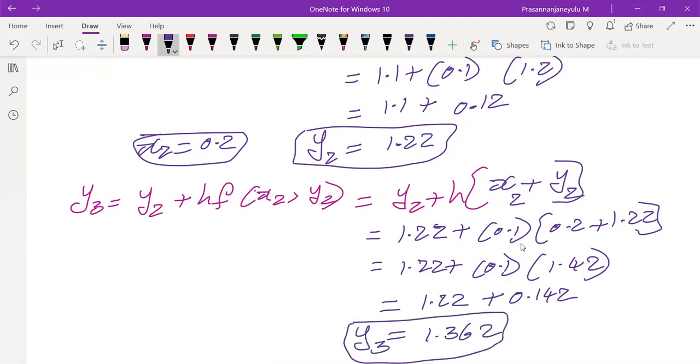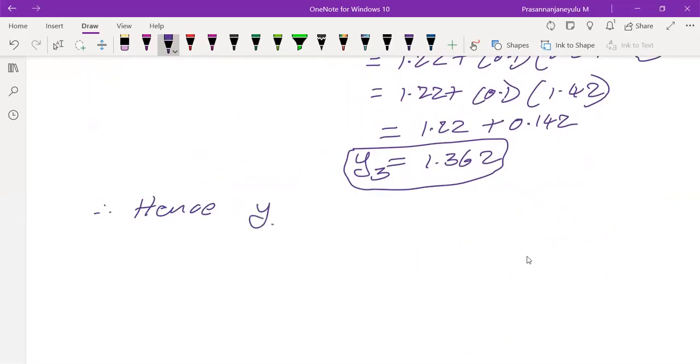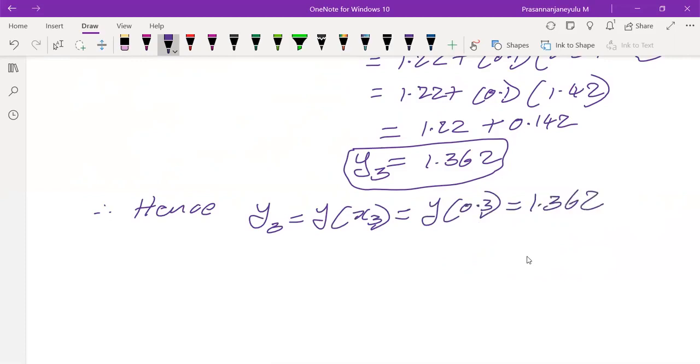Okay, so this is the required value. Therefore, hence y of 0.3, y3 is nothing but y of x3, x3 is nothing but 0.3. Y of 0.3 is equals to 1.362. So this is our value which they asked us.